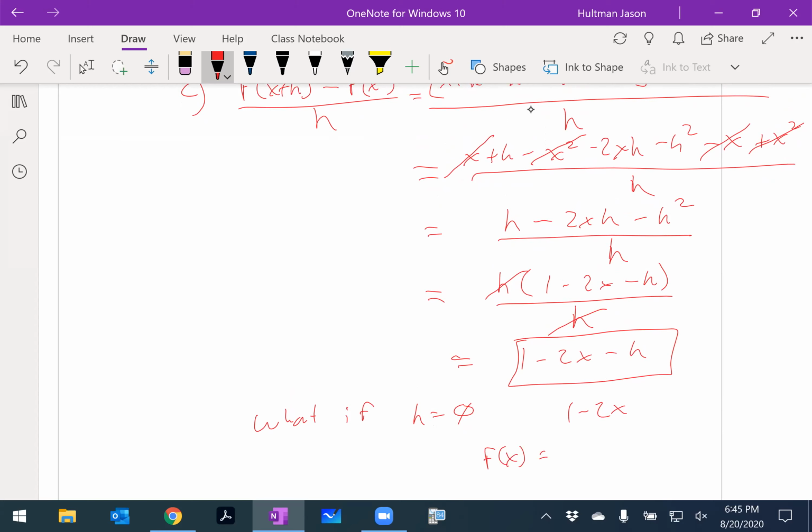Yes, exactly, Oscar. Wasn't it x minus x squared? What we're going to see is there's going to be a relationship between these two later on. This is going to be f prime of x. That's a preview of coming attractions.